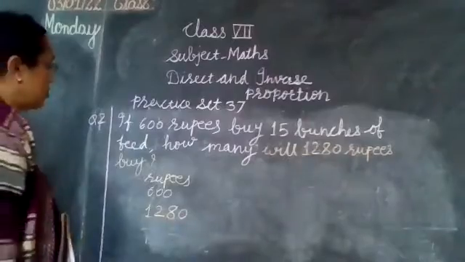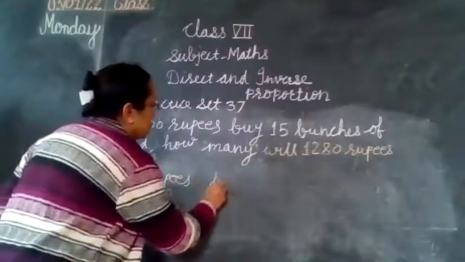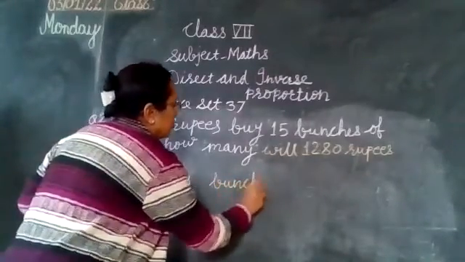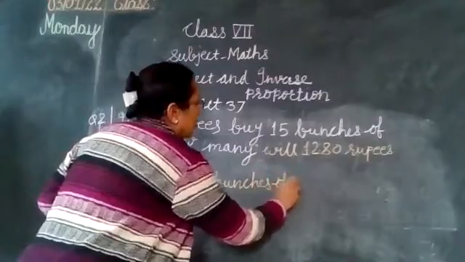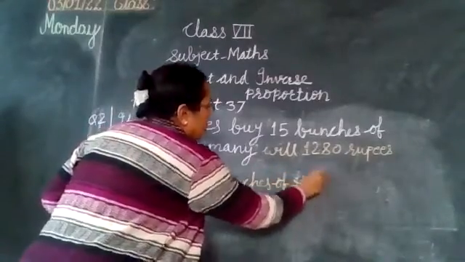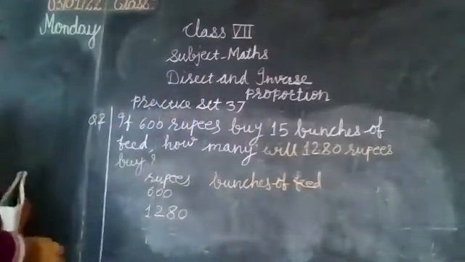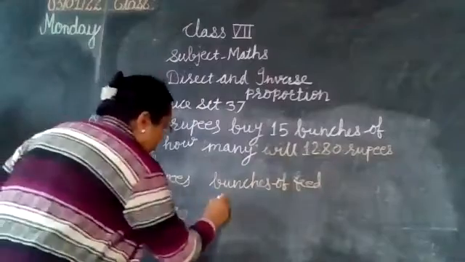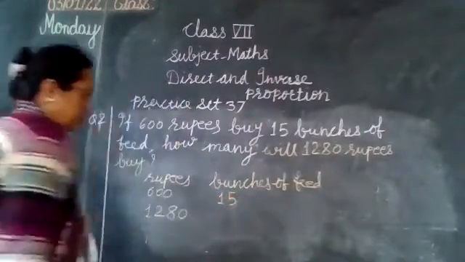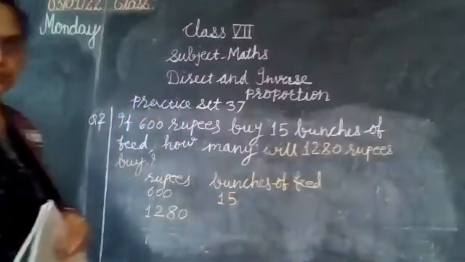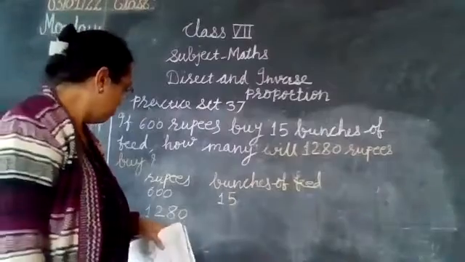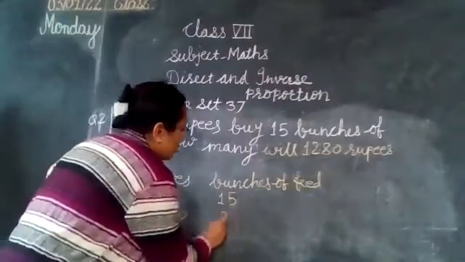The second quantity is bunches of feed. We are buying 15 bunches for 600 rupees. Let us take this quantity as X.